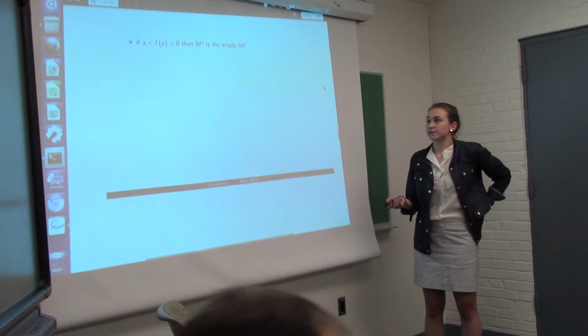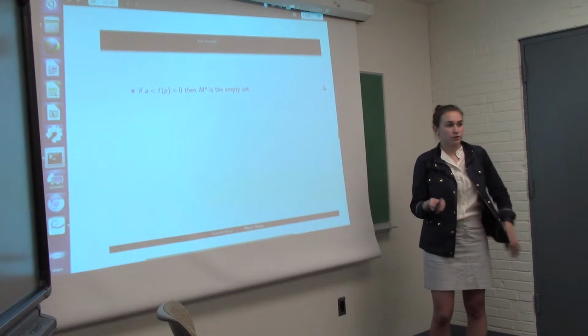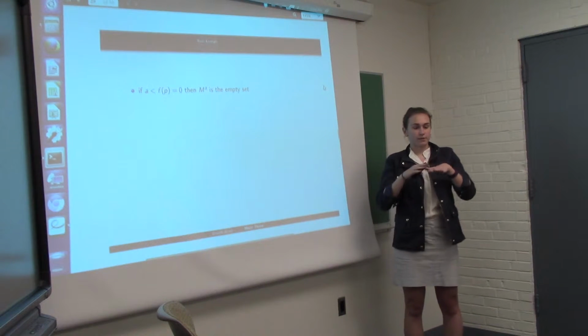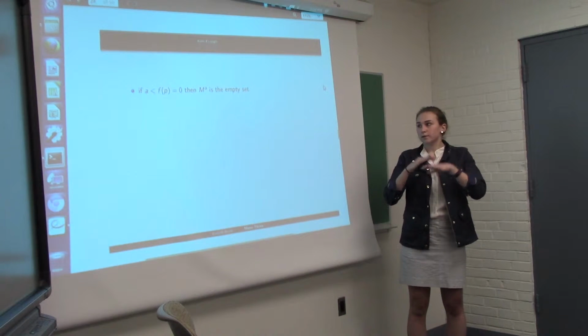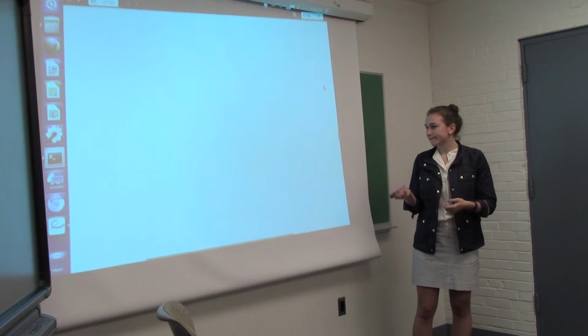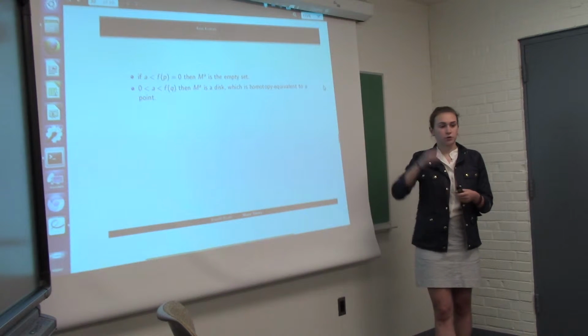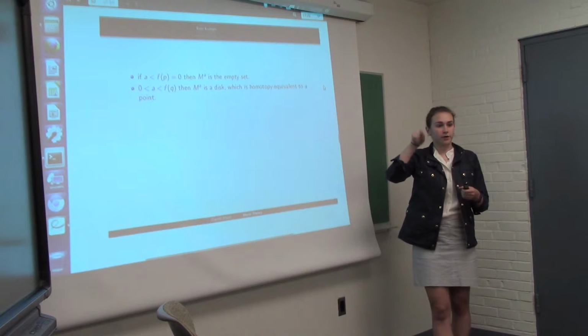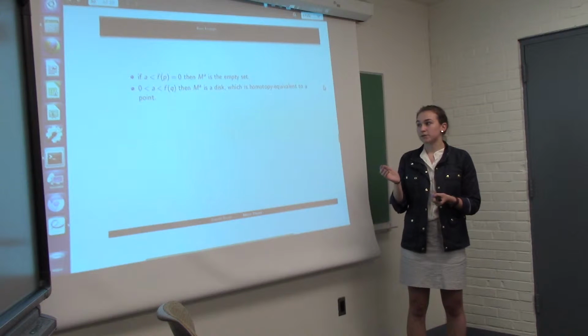So if A is less than P, then MA is the empty set. That was that point right at the bottom. It increases around that point, but it's just flat, nothing's going on, so it's just an empty set. When A is between P and Q, so Q is that first point at the bottom of the donut's torus hole, that can be considered as a disk.